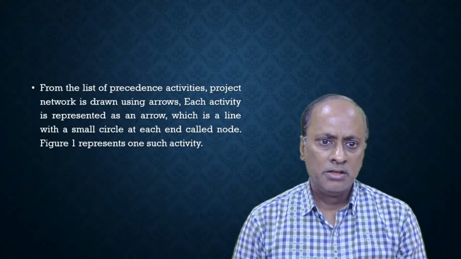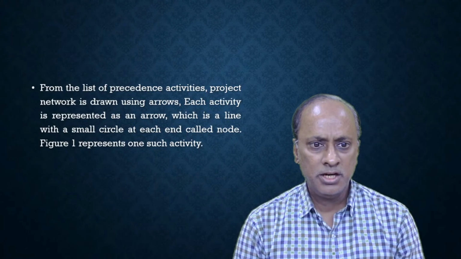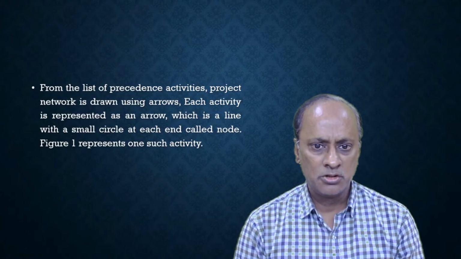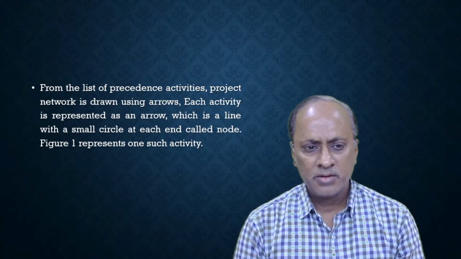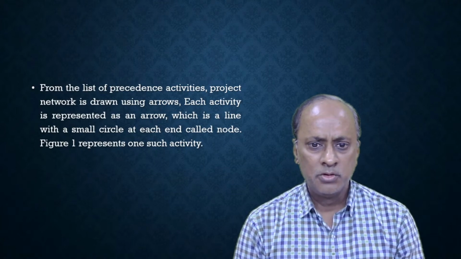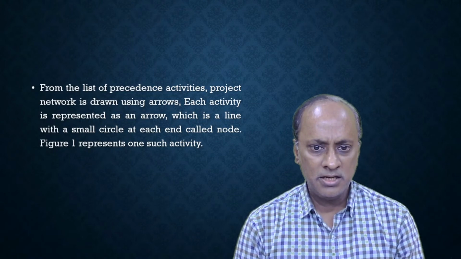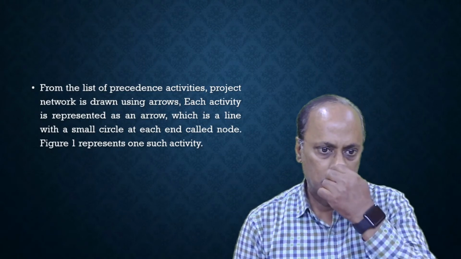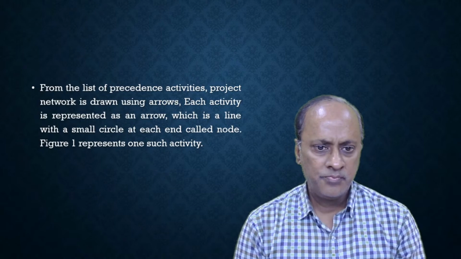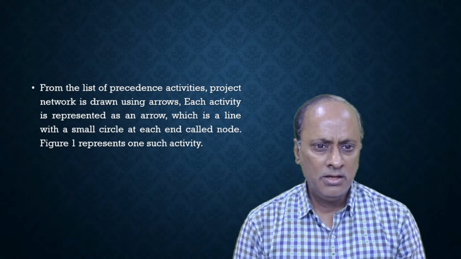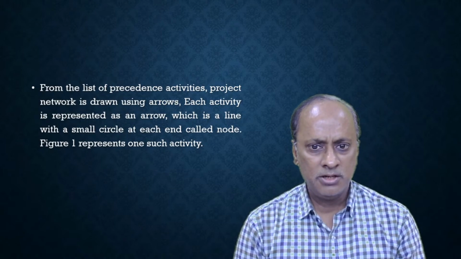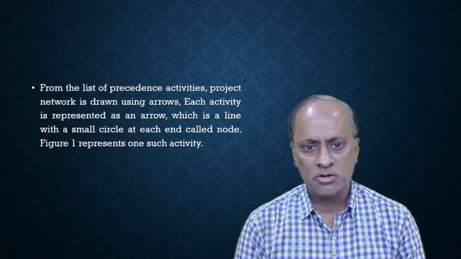From the list of precedence activities, the project network is drawn using arrows. Each activity is represented as an arrow, which is a line with a small circle at each end called a node.